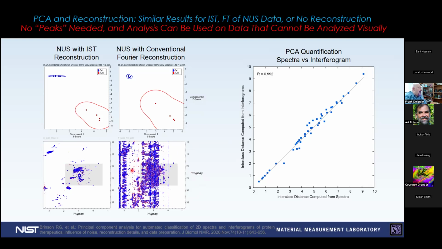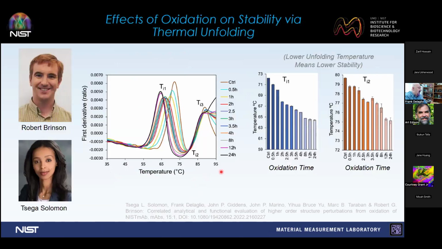So we can get the same kind of information from all these data sets. Principal component analysis gives us a way to extract information from spectra where there might not be features that we can identify as peaks. And that's rather powerful.